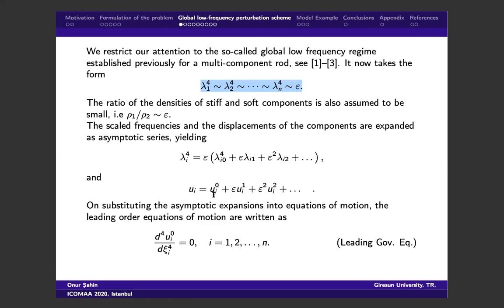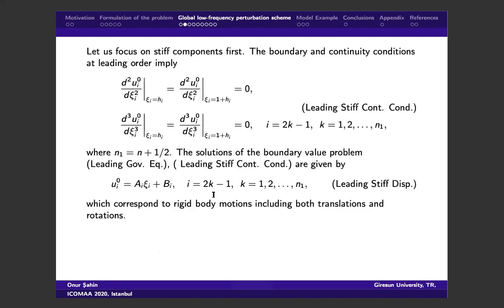On substituting these asymptotic series into the equations of motion, at the leading order, we have a fourth order homogeneous differential equation for all components of the beam. Now we focus on stiff components first. Similarly, the boundary and continuity conditions at the leading order can be written by these equations.